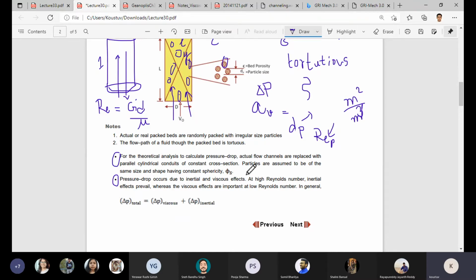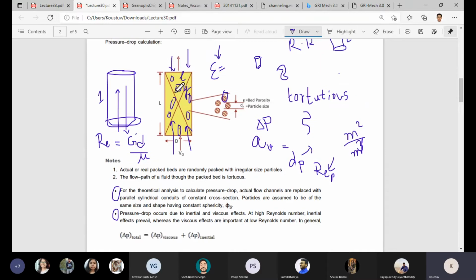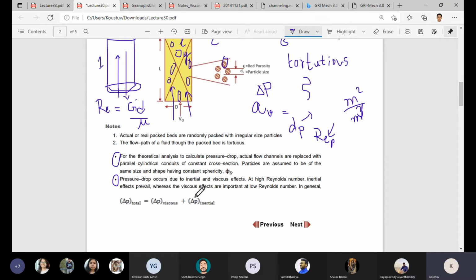Here we assume that the actual flow channel in this kind of packed bed is replaced by parallel cylindrical conduits of constant cross section. You might not agree, since we have talked about void fraction and porosity, but those factors we will take into account.